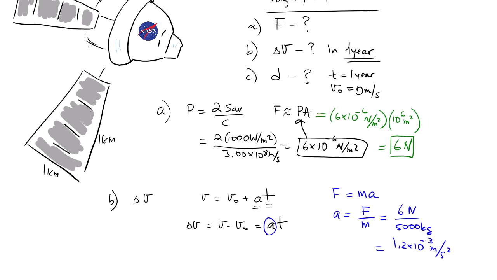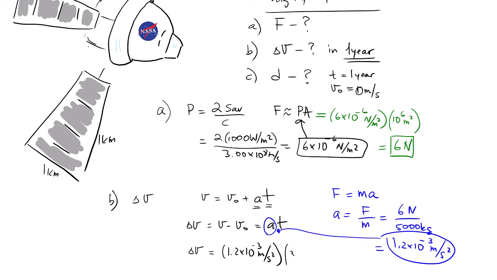So if we plug that into our expression, the amount that the velocity has changed would be 1.2 times 10 to the negative 3 meters per second squared, times 1 year. Now we have to convert it into seconds, right?